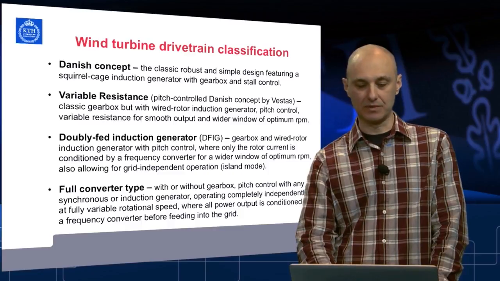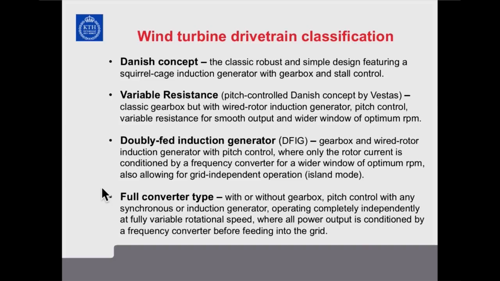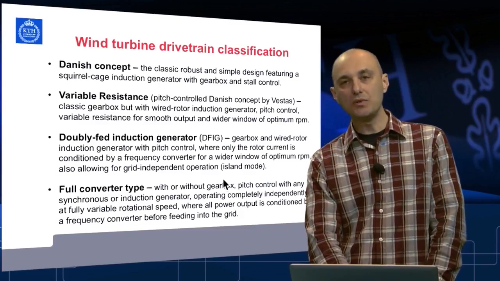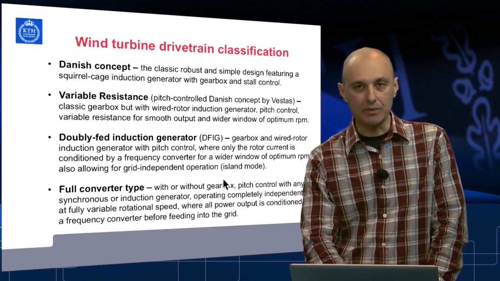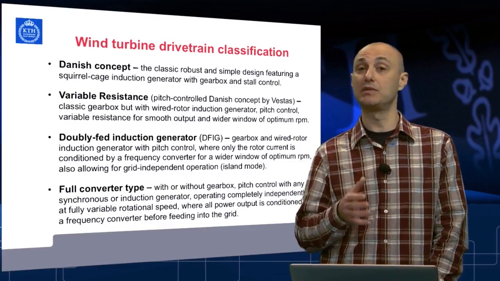Next option, the doubly fed induction generator, allowing for a wider window of variable rotor operation, a larger window of optimum tip-speed ratios. Also allowing for island mode operation, grid independent, because the Danish concept is not able to do that.